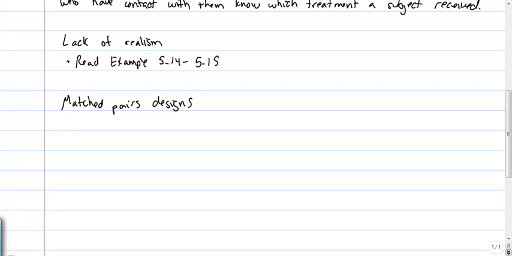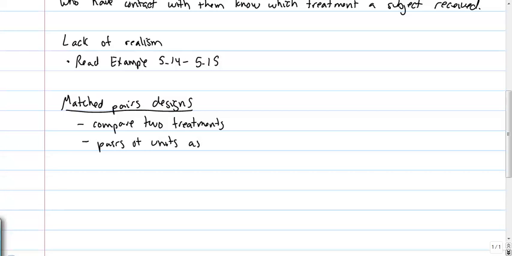Matched pairs designs have some important characteristics. First, we're just comparing two treatments, and only two treatments. Next, we want pairs of experimental units that are as alike as possible.